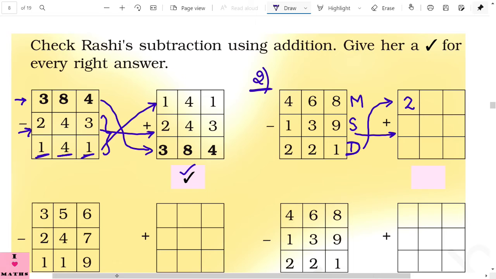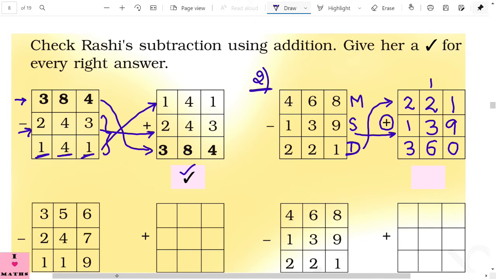Okay, difference is 221. Subtrahend is 139. Now children, I am going to add these two. 9 plus 1 is 10, 0, 1 carry over. 3 plus 2 is 5 and 1, 6. 2 plus 1 is 3.